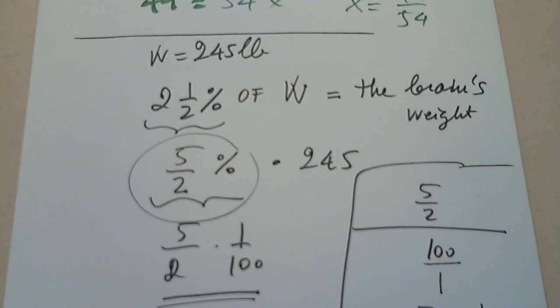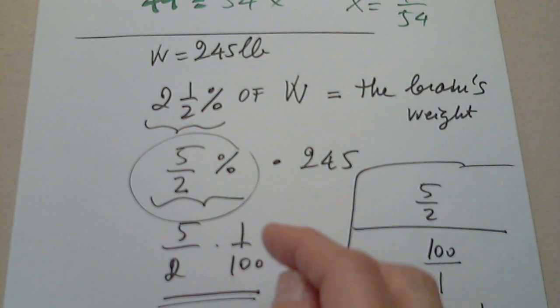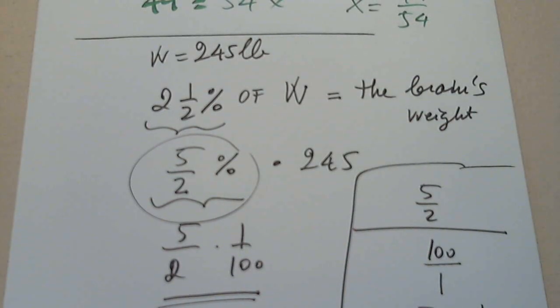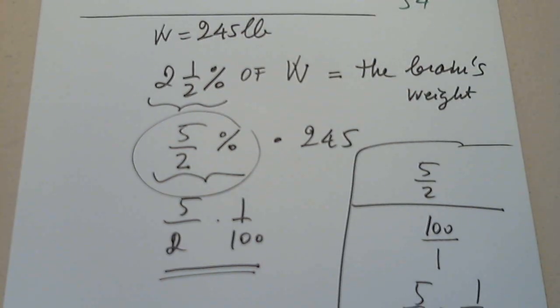When I divide by 12, I literally multiply by 1 over 12. When I divide by 100, I multiply by 1 over 100. When I divide by 10, I multiply by 1 over 10. Division by 12 and multiplication by 1 over 12 mean the same thing.